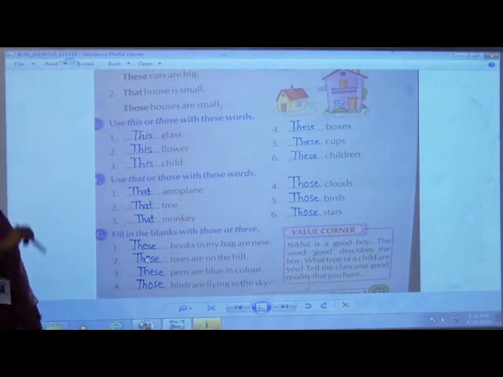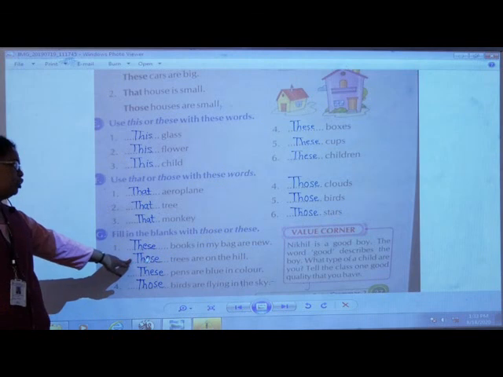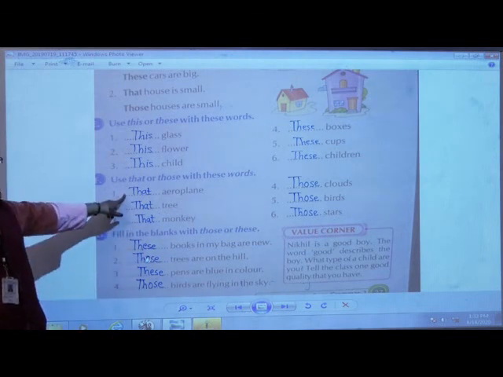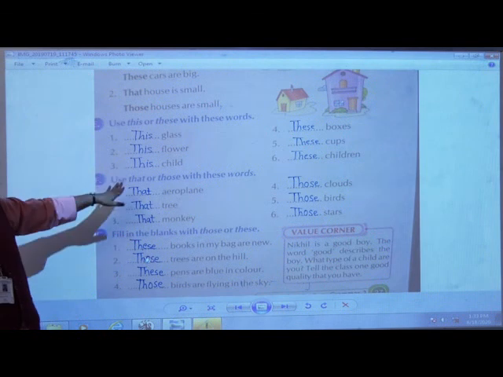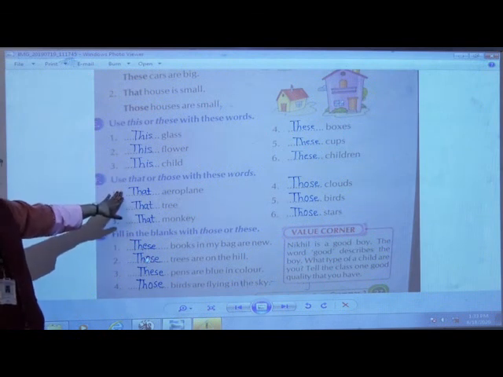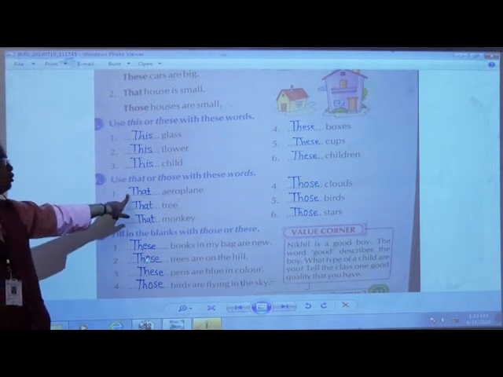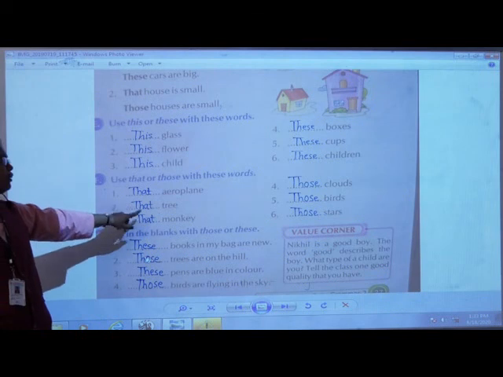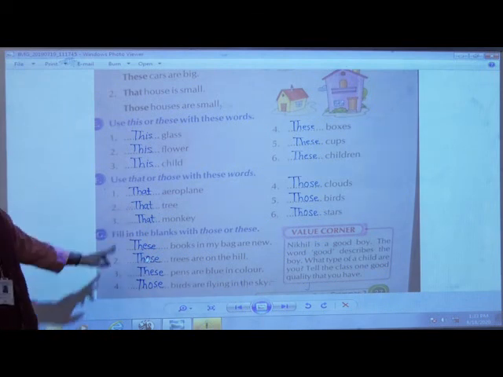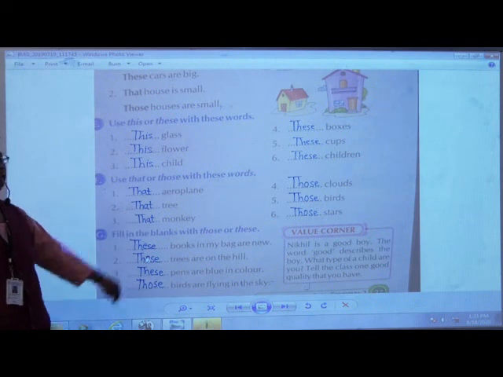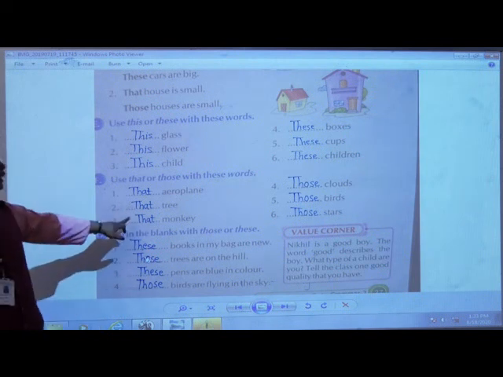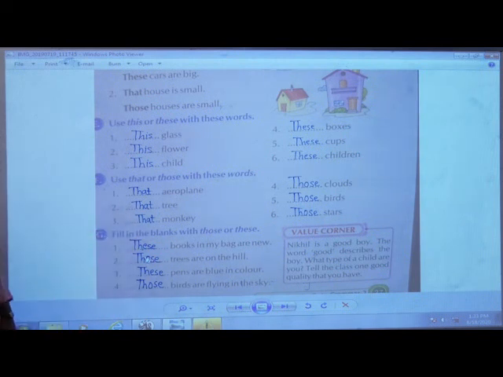When it is very far from us and more than one. And that, when will we use? When it is very far from us and it is only one. So that tree, it is very far and only one tree is there. That monkey, only one monkey is there, it is very far from us.